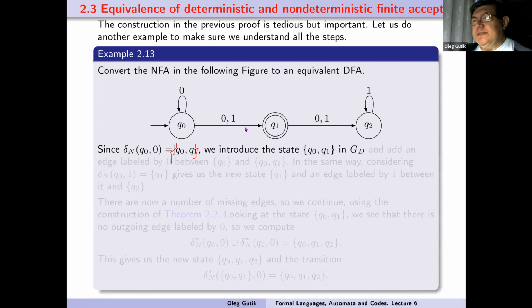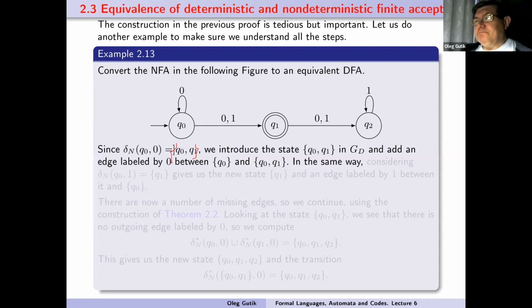We introduce the state {Q0, Q1} in the graph GD and add the edge labeled by 0 between the singleton set {Q0} and the two-element set {Q0, Q1}.